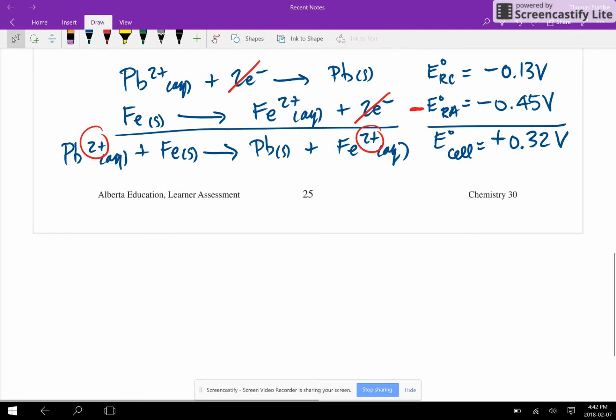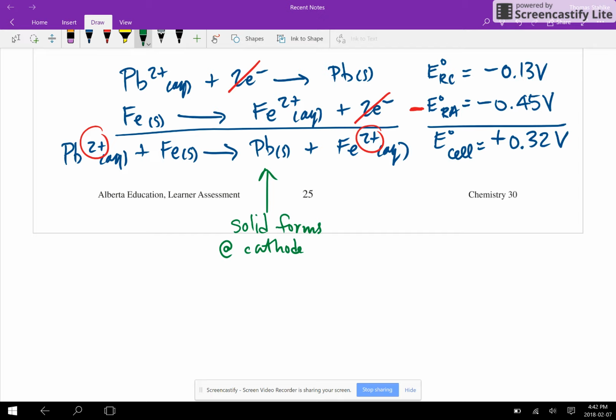And then lastly, what we see here is we get lead solid forming. So this solid forms, and we know that this is the cathodic half reaction. So this is at the cathode because it's the reduction half reaction. And there's no significant color of the iron solution.